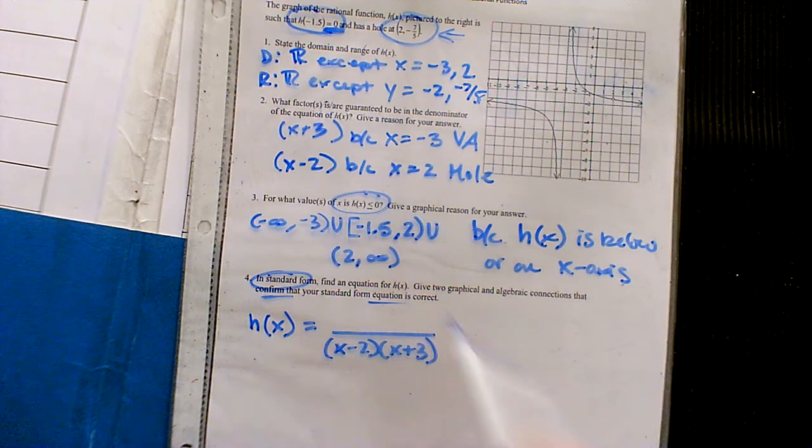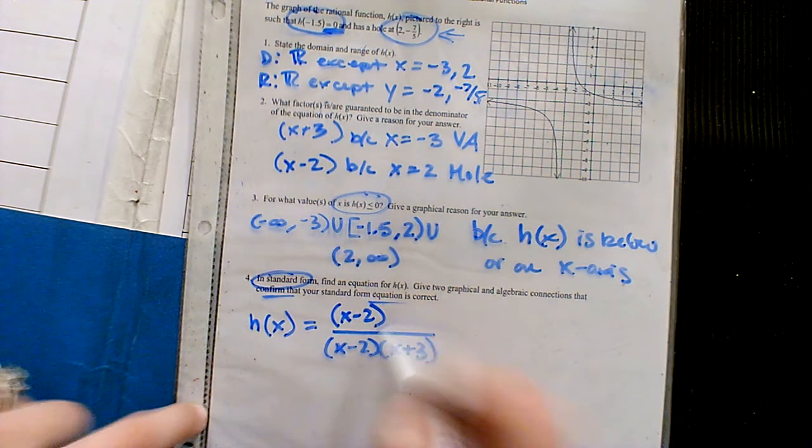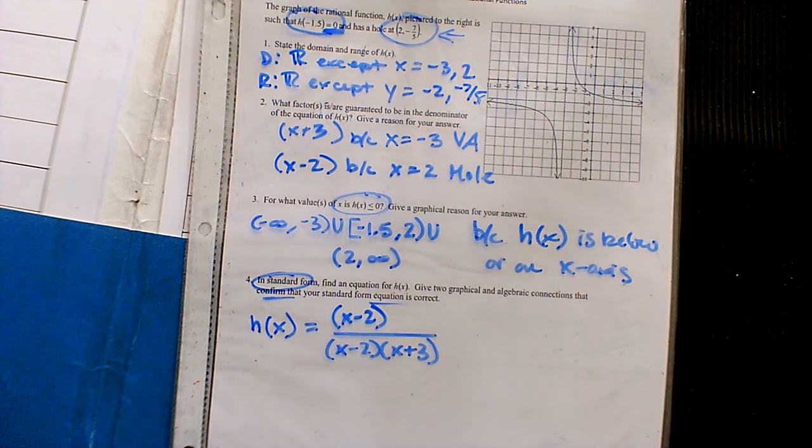What do you think, Hadley? 2 is a hole, so we need x minus 2 on top and bottom. Looks good. Anything else? What do you think, Lainey?